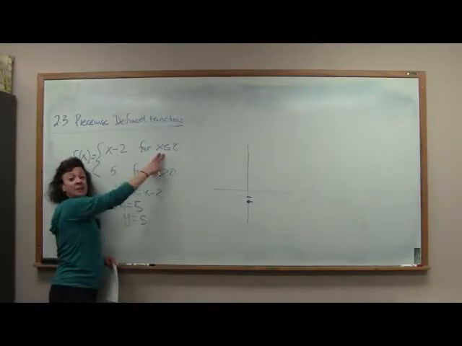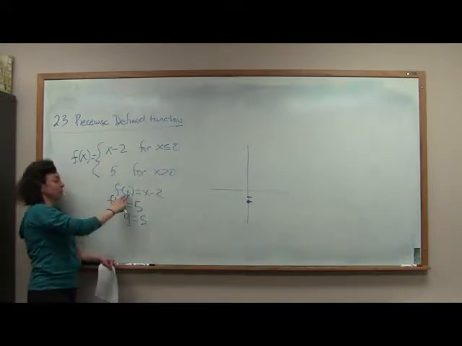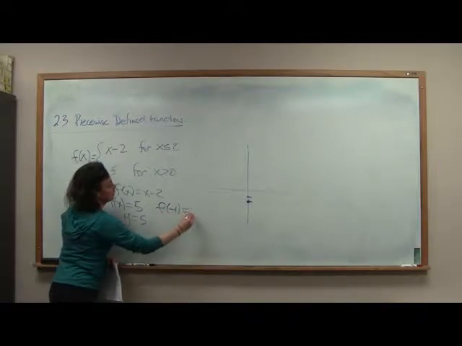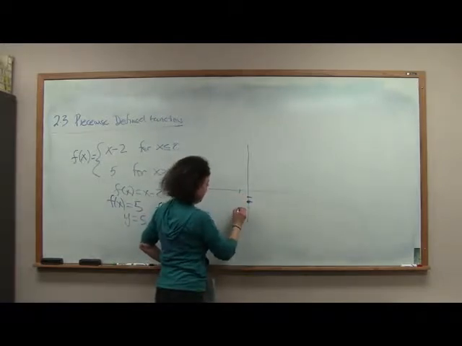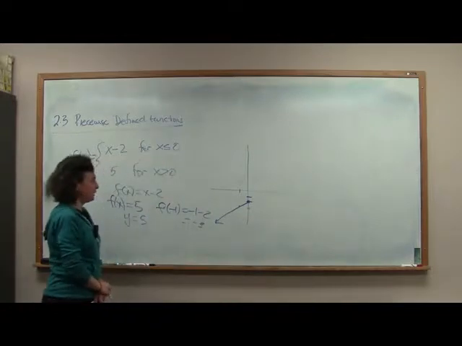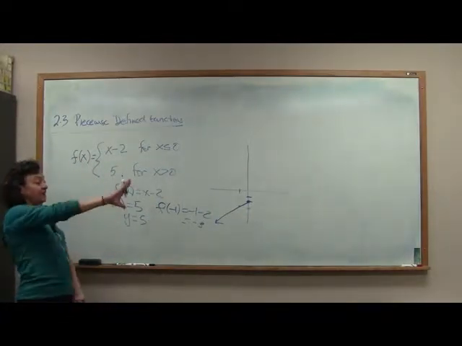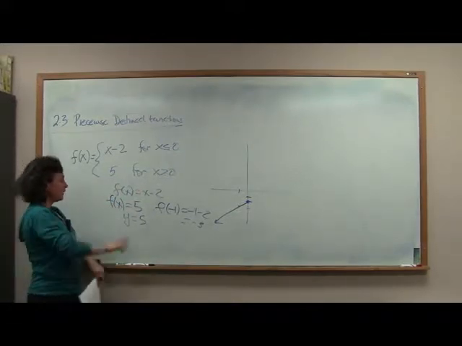Notice the only values that we're plugging in are those for x less than 0. And hopefully you agree that if we plug in negative 1, we get negative 1 minus 2, which is negative 3. Okay, you can play connect the dots, and there's our line. Okay? Now, that's part of our graph. We have to do the other part.